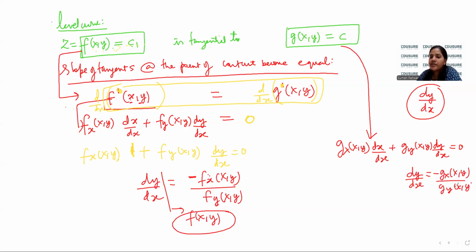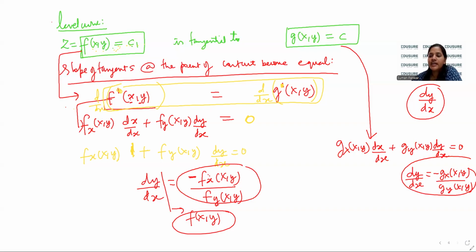This is known as the necessary condition for finding the optimum value of a two-variable function with respect to an equality constraint. So now we will equate both these derivatives.